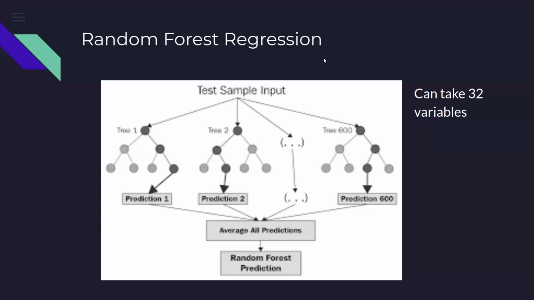Now the question would be, if that is the process I am following, why would I ever use a decision tree? Why would I not use random forest? Because it will always give me a better result compared to a single decision tree. And the answer lies in how much information gain you are really having.